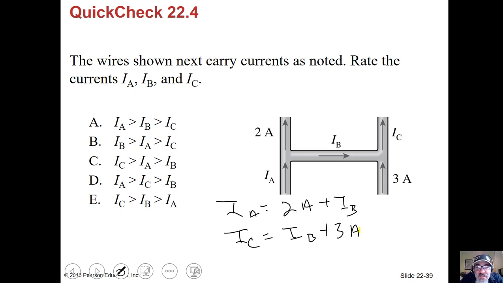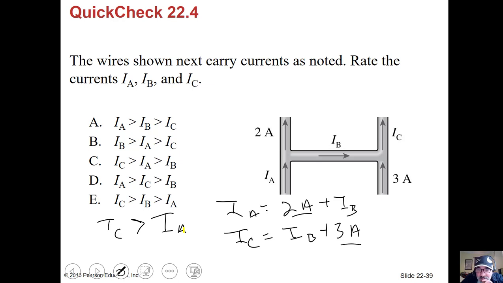Okay, so I would say that IC has to be bigger than IA, right? Because you're adding 3 to IB. Here you're only adding 2 to IB. So I think IC has to be bigger than IA.